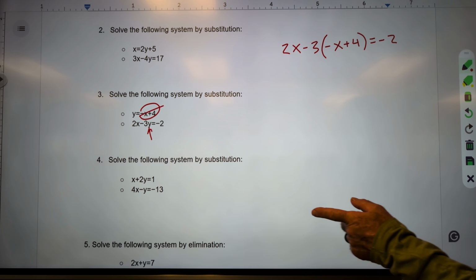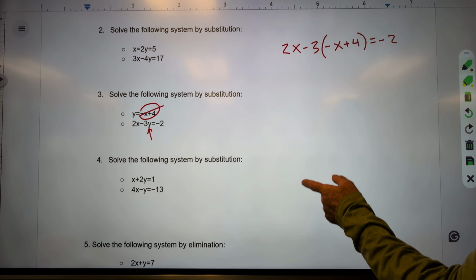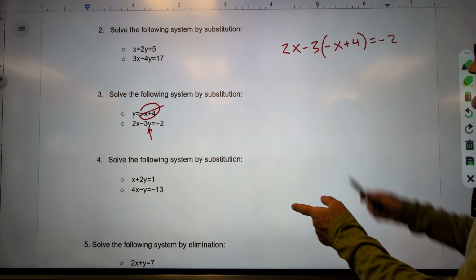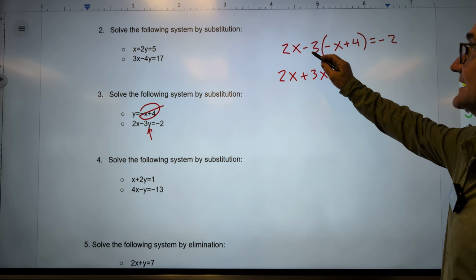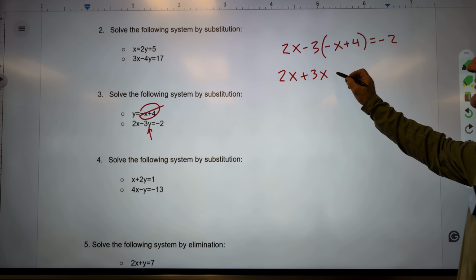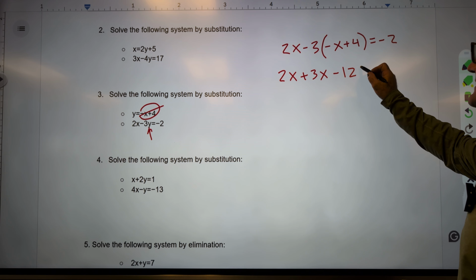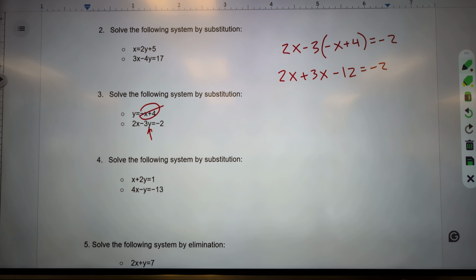I'm down to one equation, one variable. A couple of important things here is I've got to really remember that negative to distribute through that whole quantity. So I have 2x, negative 3 times the negative x, negative is positive, 3x, negative 3 times a positive 4, negative 12 is equal to negative 2.